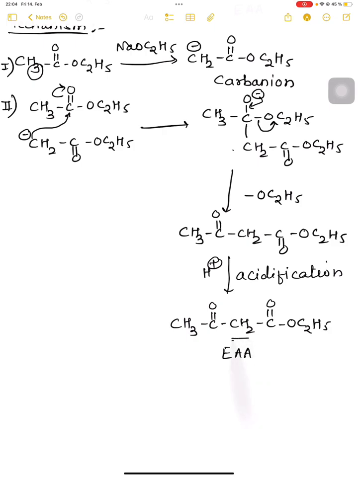This methylene group is sandwiched between 2 electron withdrawing groups like C double bond O, so this is known as an active methylene compound. This active methylene compound, ethyl acetoacetate, is used in the synthesis of many organic compounds.